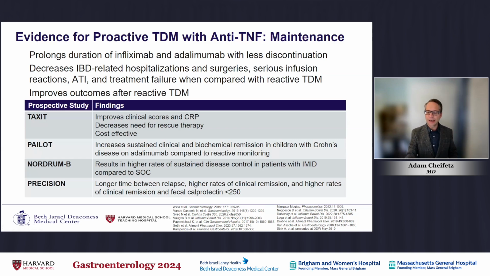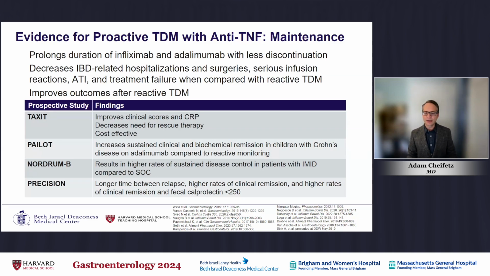PRECISION was a newer study. They looked at patients with IBD in remission, and they used a PK dashboard, aiming for trough concentrations of 3, which I would argue is very low. They compared that to standard of care, and showed that even when aiming for a drug concentration of 3 with infliximab, the group that got proactive TDM had longer times between relapse, higher rates of clinical remission, and higher rates of clinical remission plus normalization of fecal calprotectin.